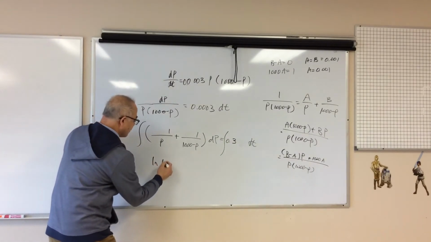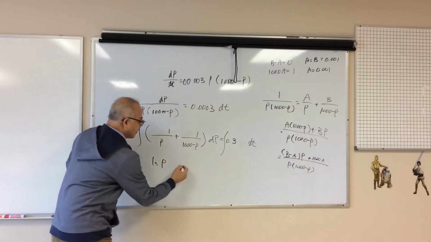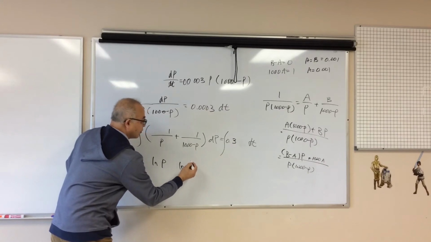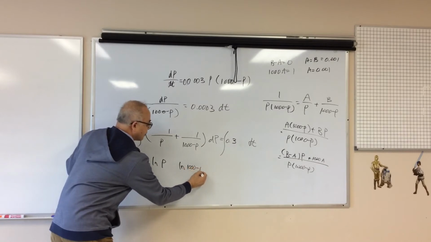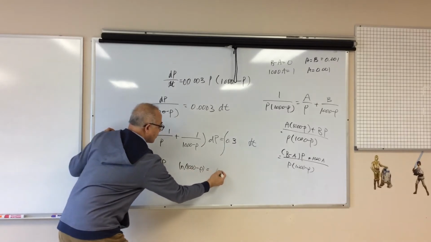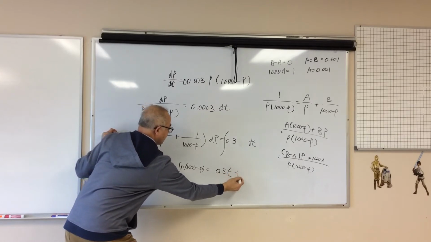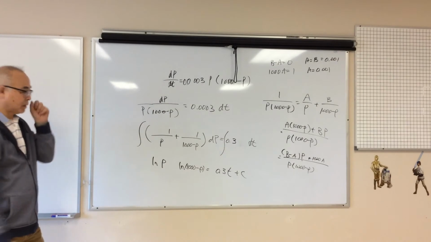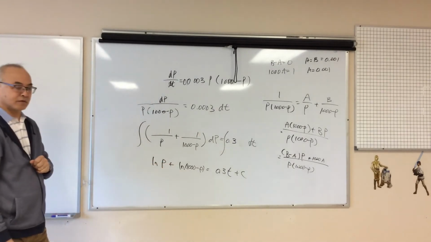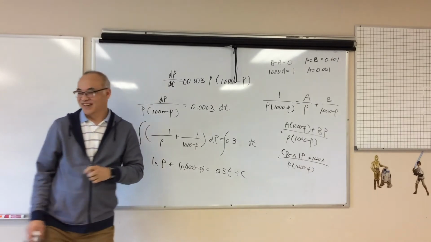The natural log of P, right? And here the natural log of 1,000 minus P, equal to, what do I get here, 0.3t plus C. Oops, plus. We good? That'll work.